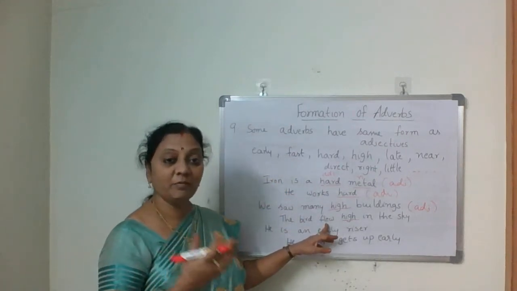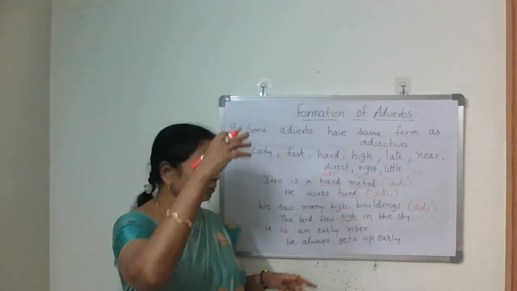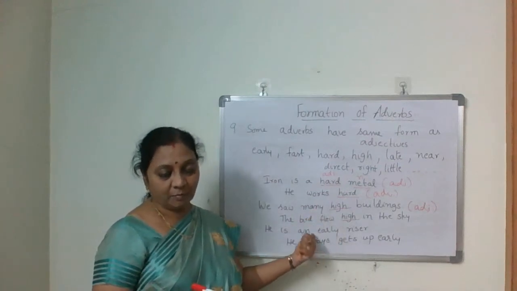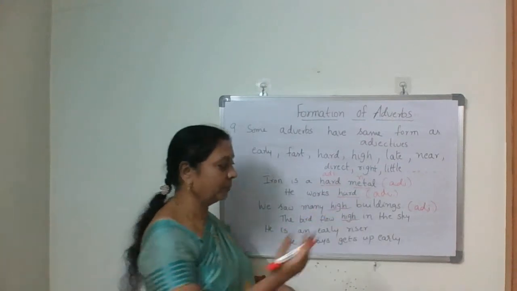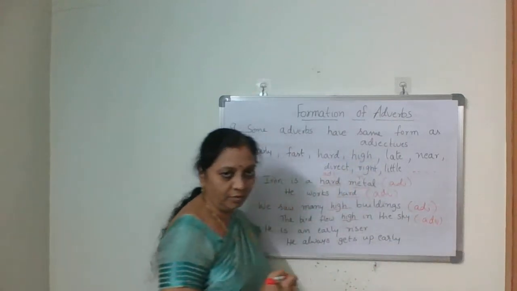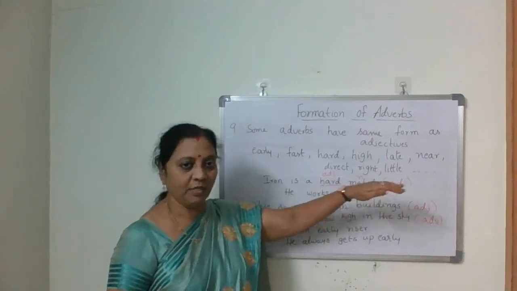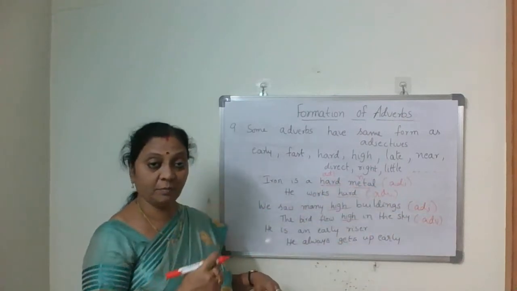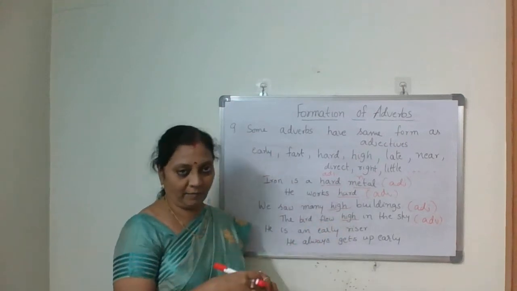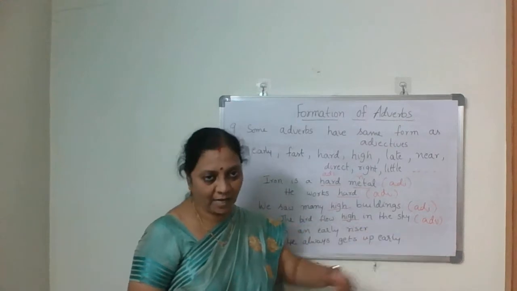It is talking about the flying of the bird, how it flew, very high in the sky. Whenever it is talking about the action word, it automatically becomes an adverb. So high in the first case is an adjective, talking about buildings, whereas in the second case it is talking about the action word fly, hence it becomes an adverb.